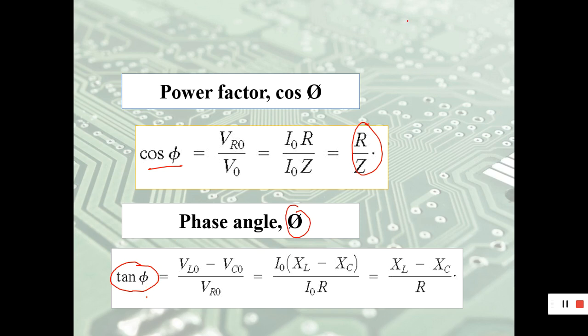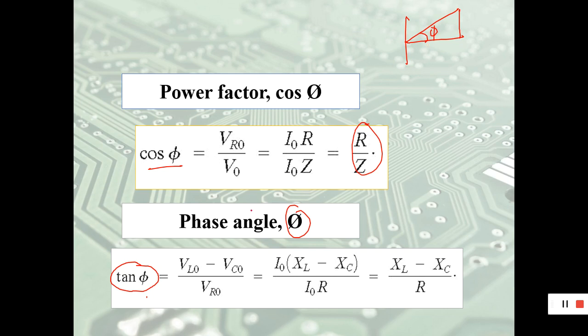Okay, let's say here we have the graph. So you have here the psi. You can use the tangent, or actually you can use other trigonometry such as sine, cos, and so on.